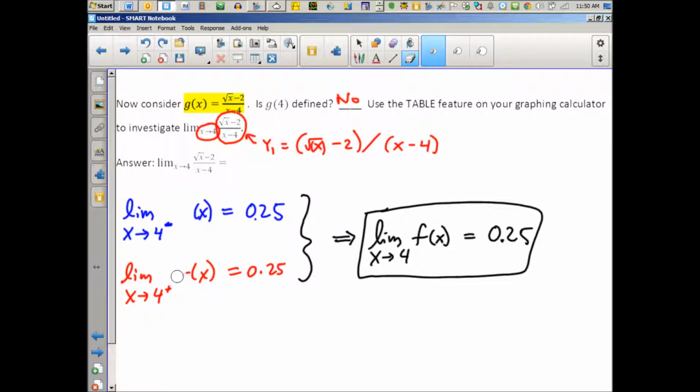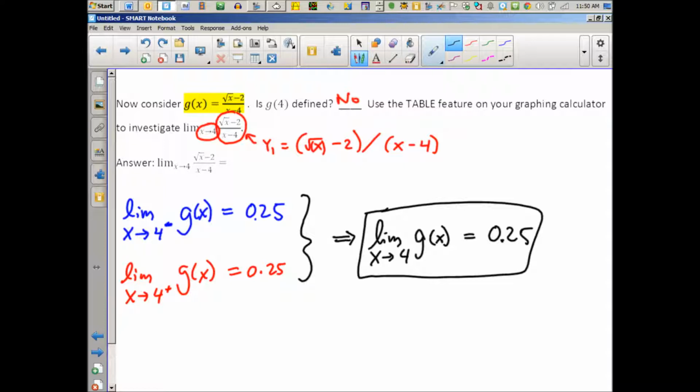This is supposed to be g of x, not f of x. Sorry about that. But the point is, we can see that the y value is getting closer to 0.25, regardless of which side we approach x equals 4 from.